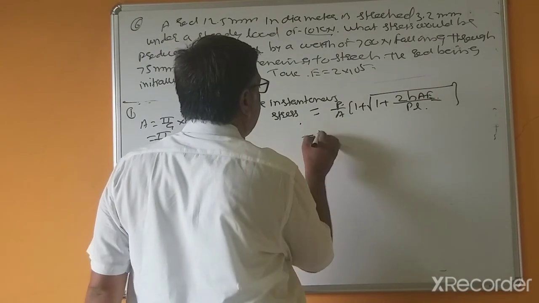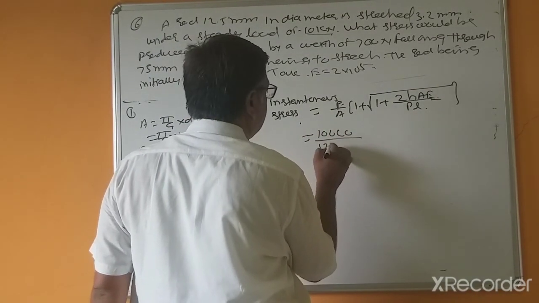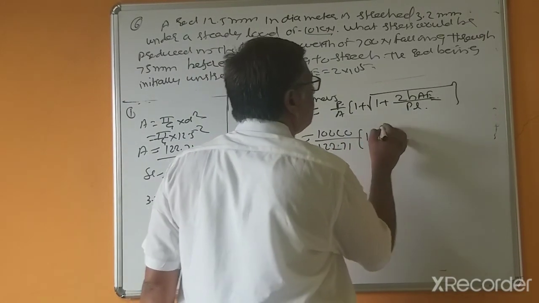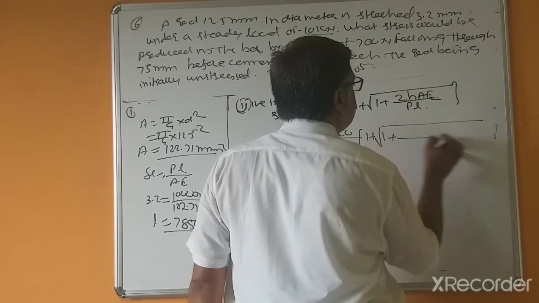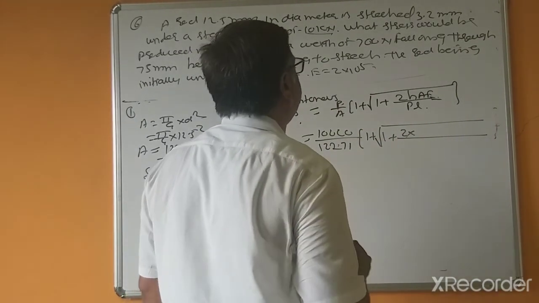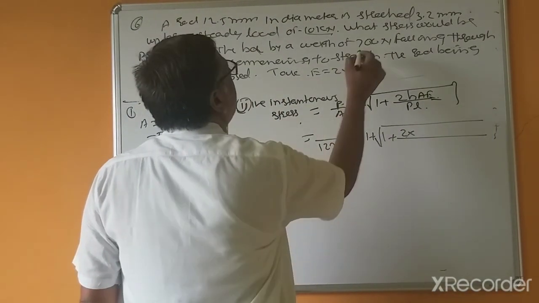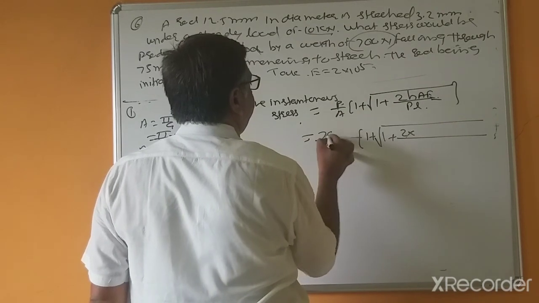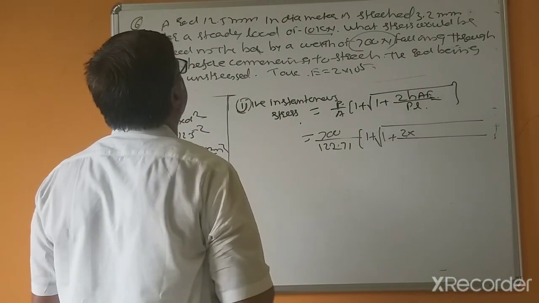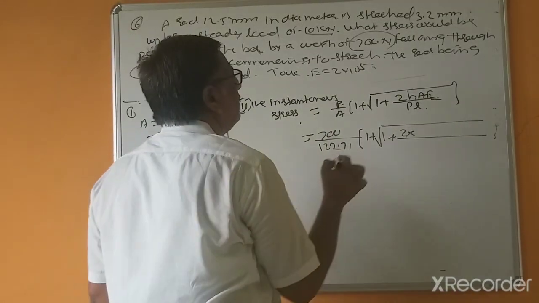Now this is equal to area, P equal to 700, H equal to 75 mm.